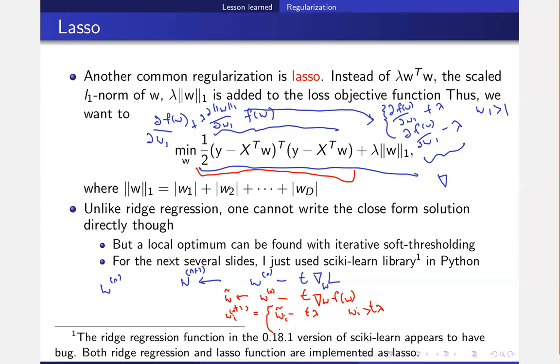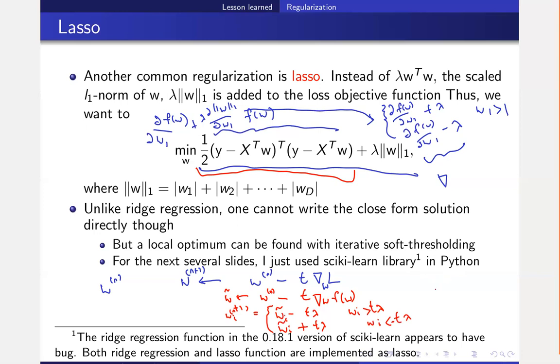And otherwise, if wi is less than minus t lambda, then we'll add t lambda. Basically, the effect is something like this.